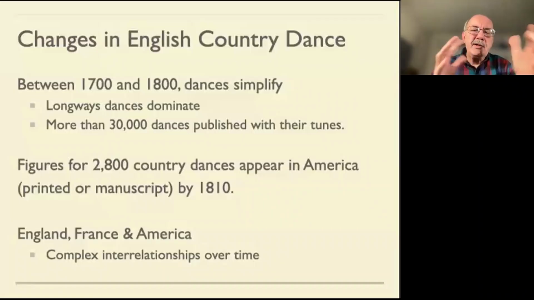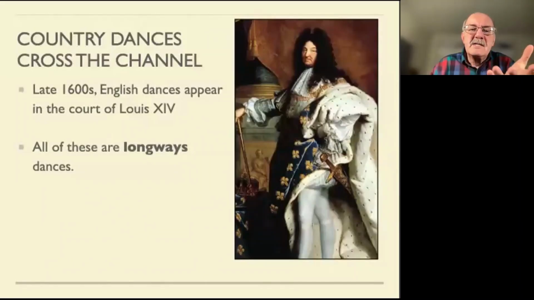And there's this complex interrelationship among England, France, and America. The country dances go to France. They cross the Channel. As late as the 1600s, we start to see English dances appearing at the court of Louis XIV. These are long ways dances. We talked about the set dances disappearing.